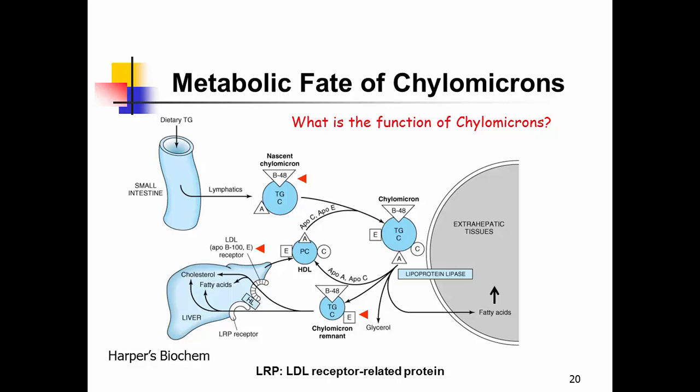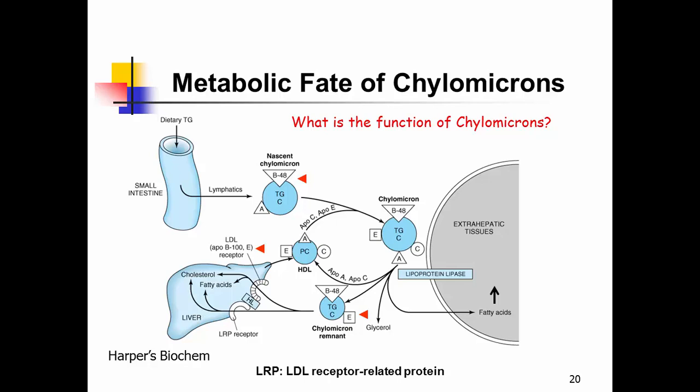Let's start from the small intestine. When we eat under the fed condition, we absorb lots of lipids, particularly triglyceride from the diet. First of all, chylomicron is synthesized in the small intestine as so-called nascent chylomicron. That means some of the apoproteins are not present yet in the nascent chylomicron.